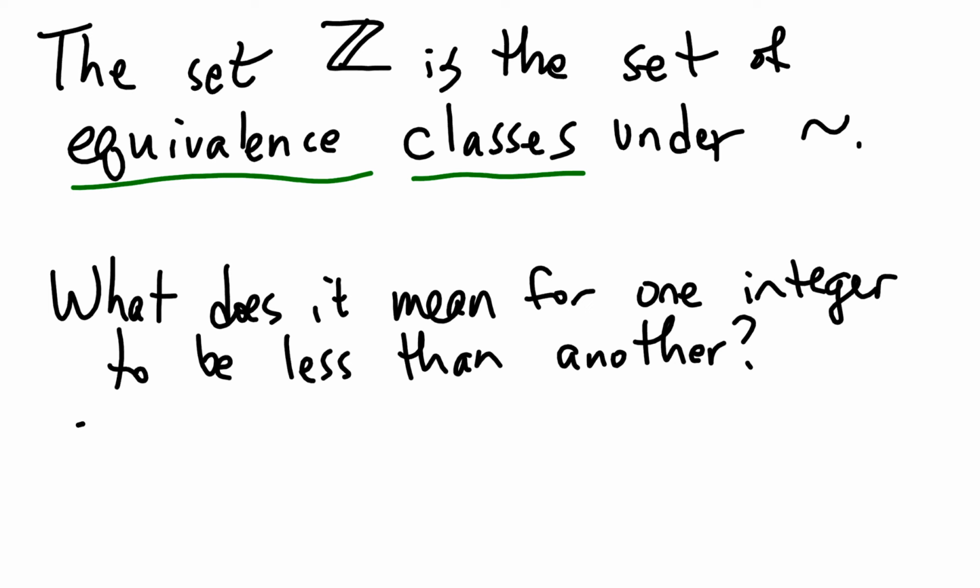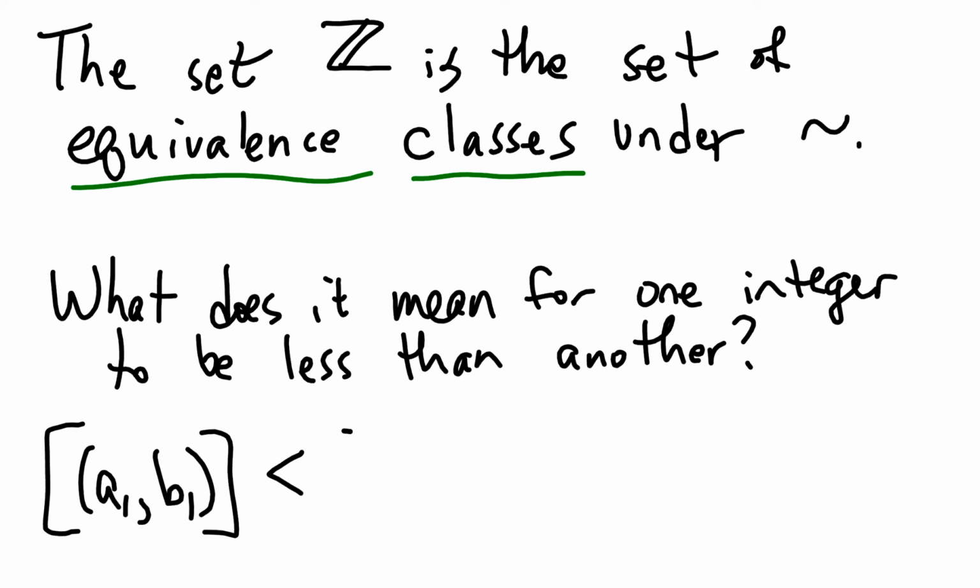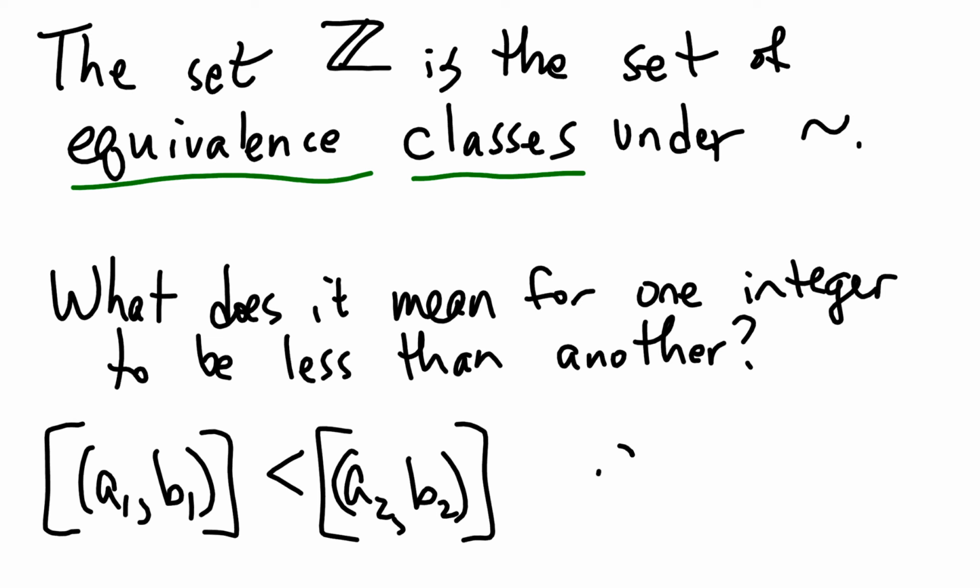What does it mean if the equivalence class of (A1, B1) is less than the equivalence class of (A2, B2)? Well, we'd say that one integer is less than another if A1 plus B2 is greater than A2 plus B1.